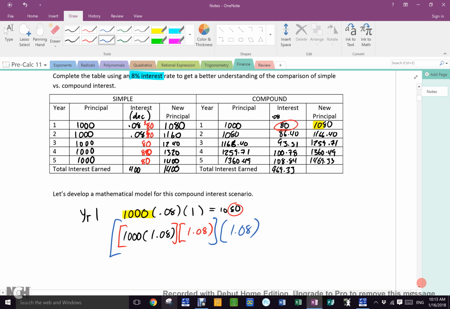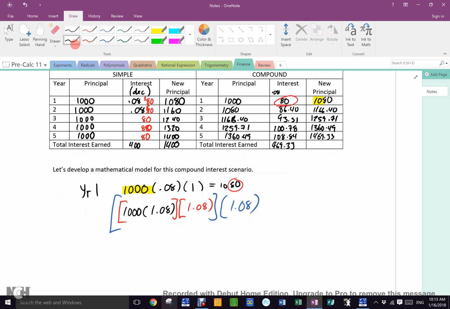So what is happening here? I really have my principal, and I am multiplying it by 1 plus what? In this case, it was 0.08. But what if it was 9% or 12%? What do we call that decimal that we multiply by? I equals PRT. What's the decimal? Rate. So it's really 1 plus the rate, isn't it?